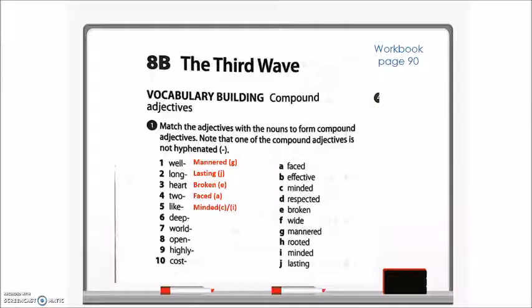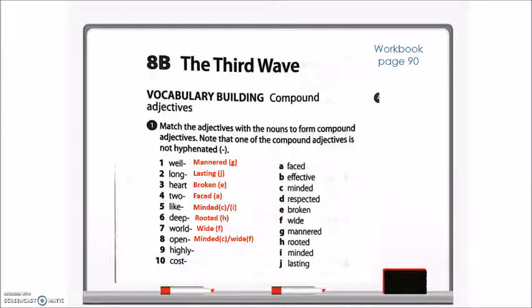So let's go. Number 6, deep-rooted. It will be letter H in this case. Number 7, world-wide, letter F. Number 8, open-minded, or wide.